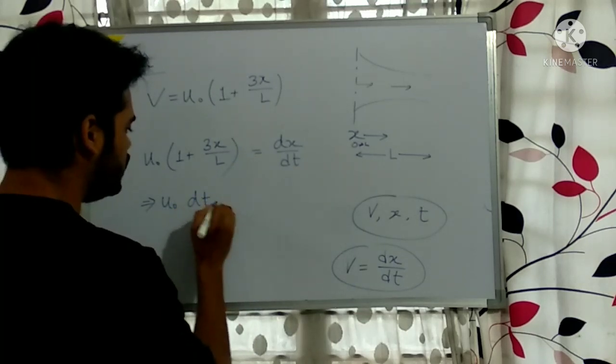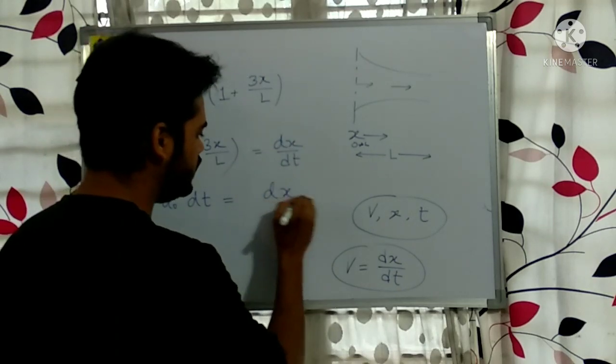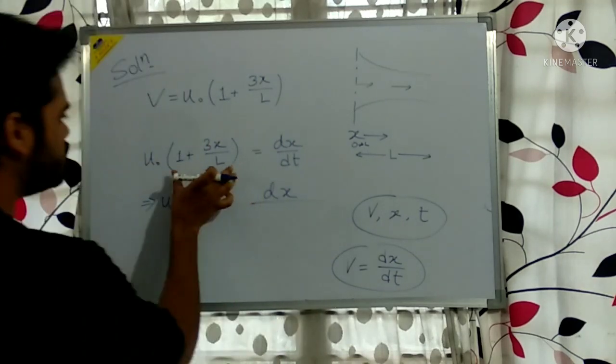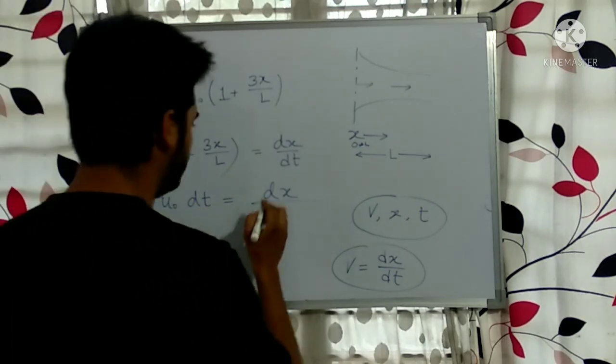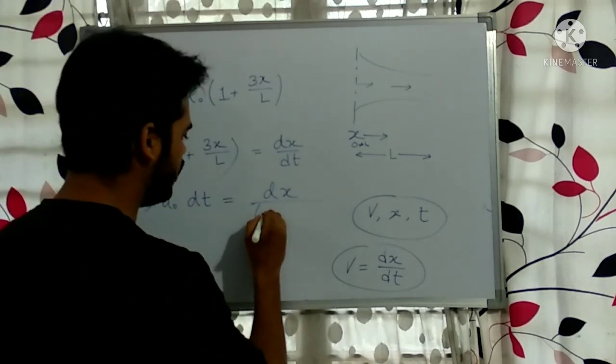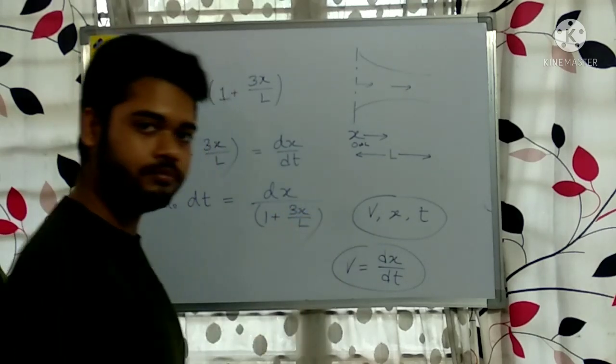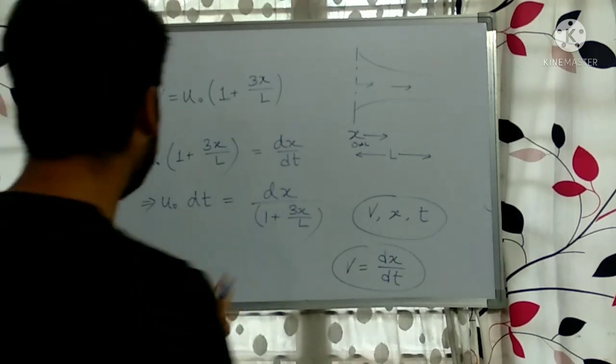U naught dt is equal to dx, divided by, this whole thing will come down, 1 plus 3x by L. Is it okay?